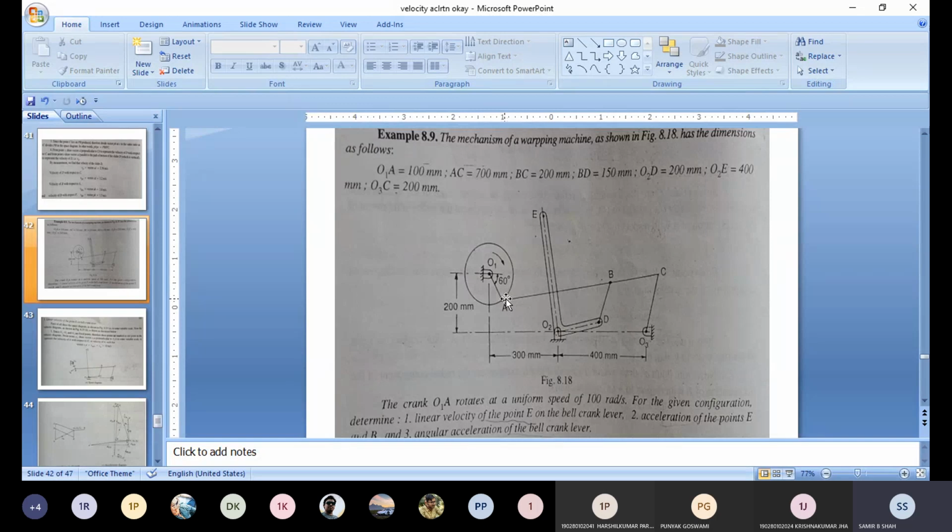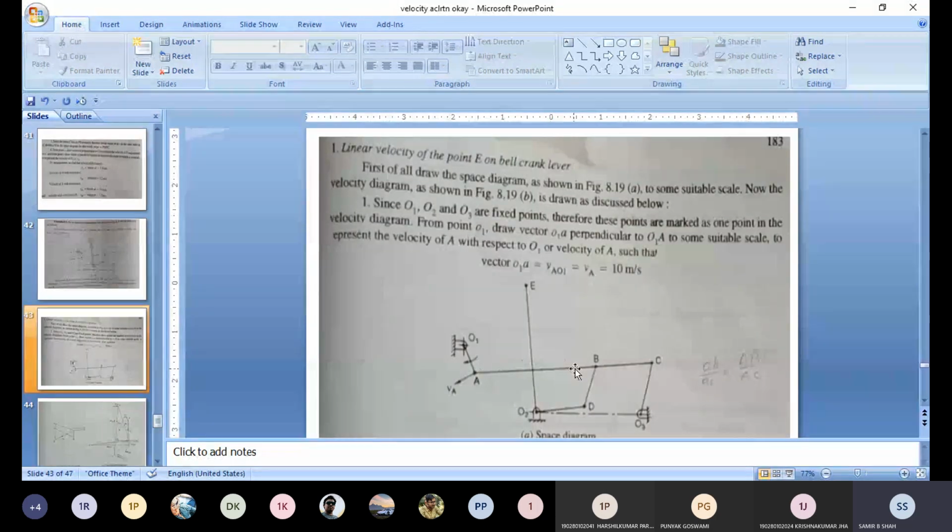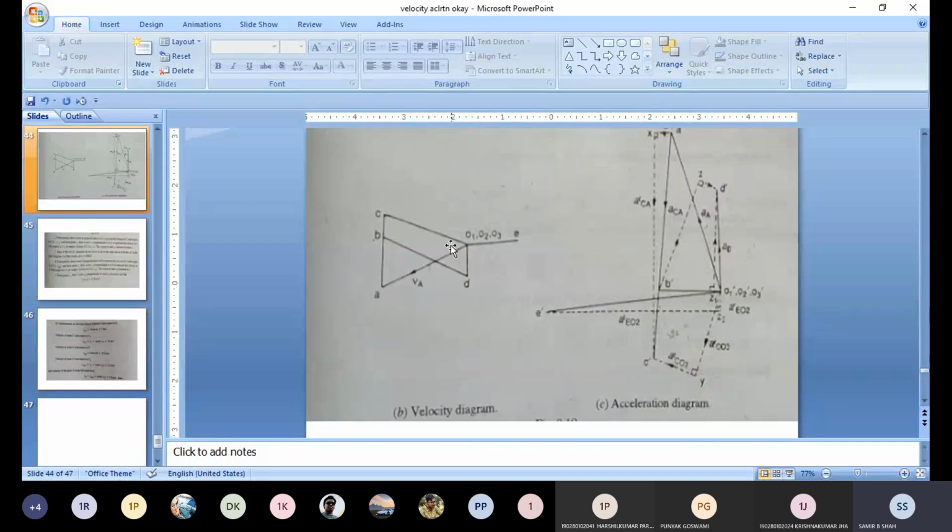And one thing we have to mention here is that this will be 90 degrees, so here we have to draw a 90 degree line, and that line should be drawn parallel with the help of a roller scale. This is the space diagram that you already finished. Now talk about this diagram. Consider that O1, O2, O3 are fixed points, so here I can consider them randomly as one point, O1, O2, O3.